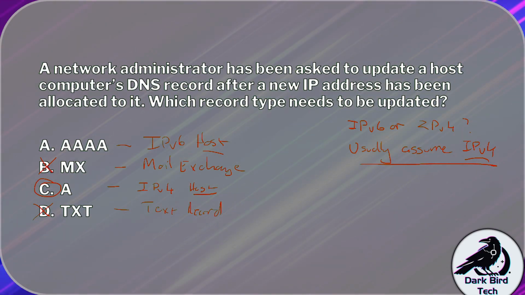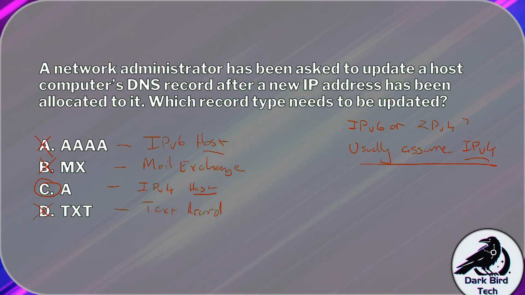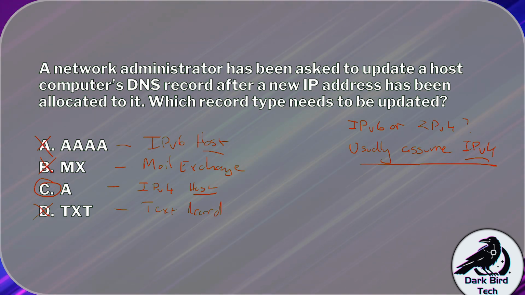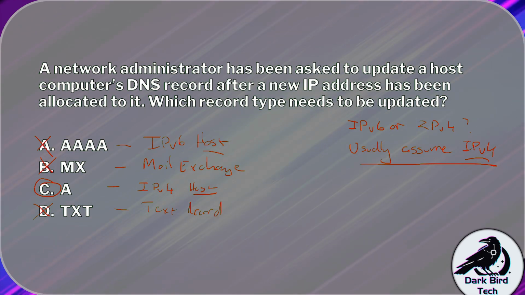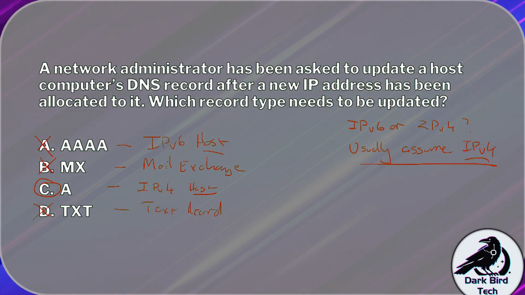At some point in the future, that might flip. So that means the option is the A record, or answer C, not the quadruple A answer. As I said, we're doing that based on the assumption that unless we specifically say IP version 6, we usually are talking about IP version 4 when we just say IP address.